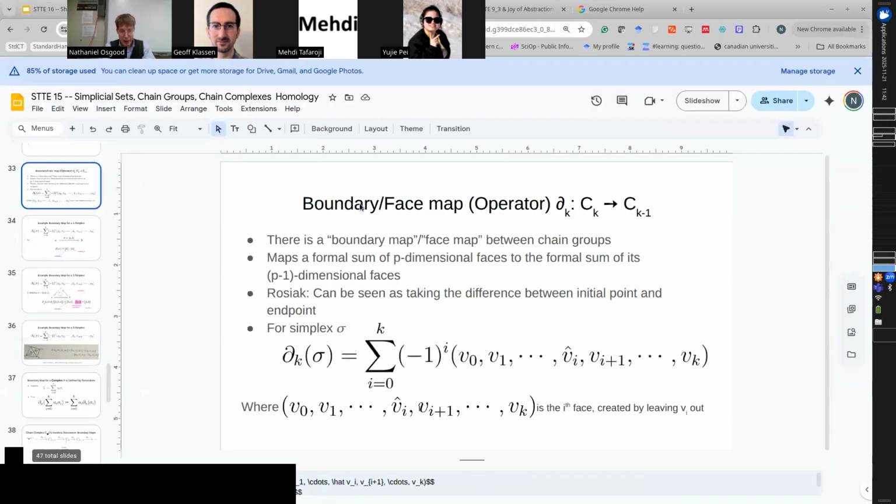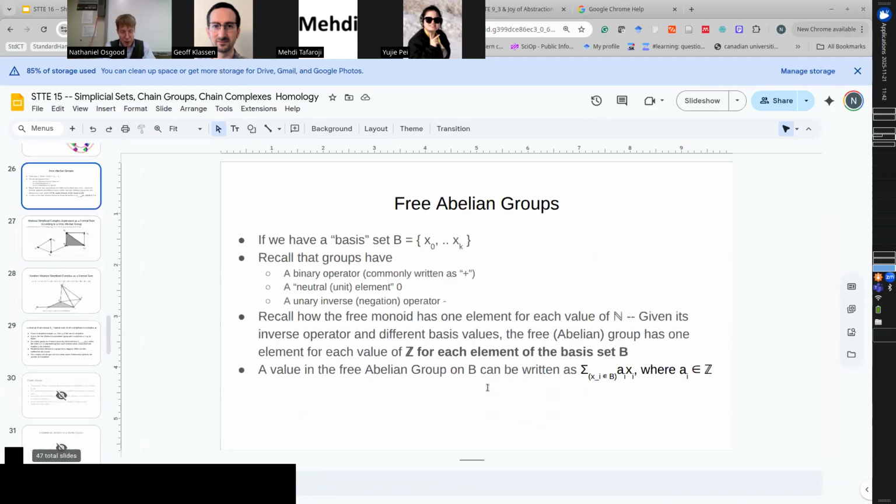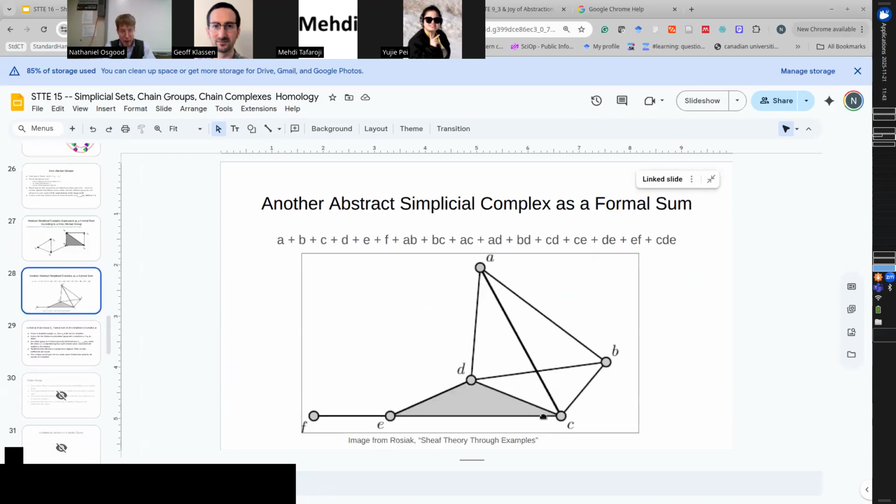Remember we said that with faces, like CED is a face of CDE by virtue of deleting C. Each of these faces was obtained by deleting a vertex. So like this face EC, which vertex was deleted to get EC?